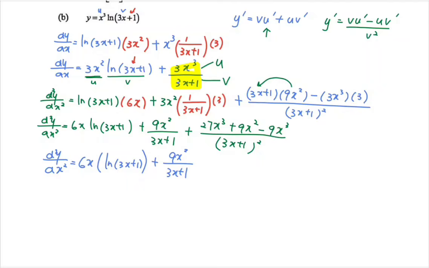Then continue, we have 27 minus 9, so we will have 18. So plus 18x to the power of 3 plus 9x squared over (3x plus 1) squared. So here we are, and thanks for watching.